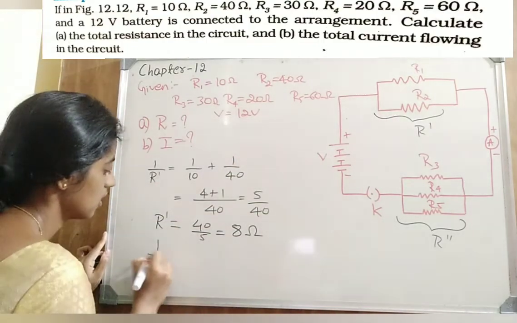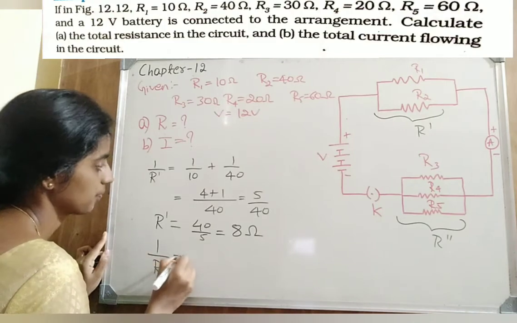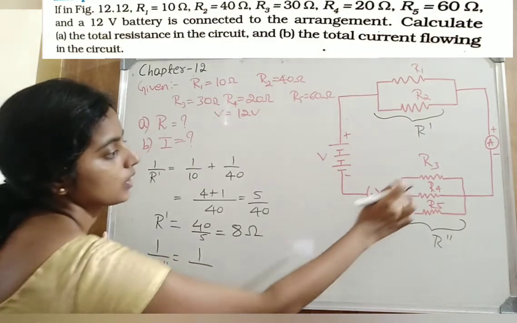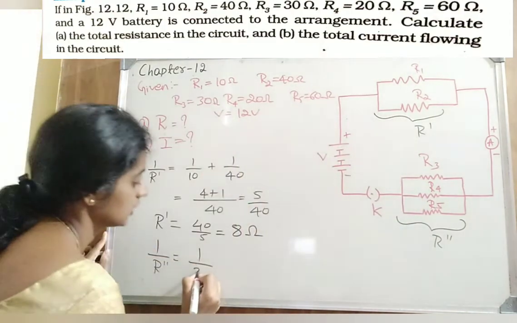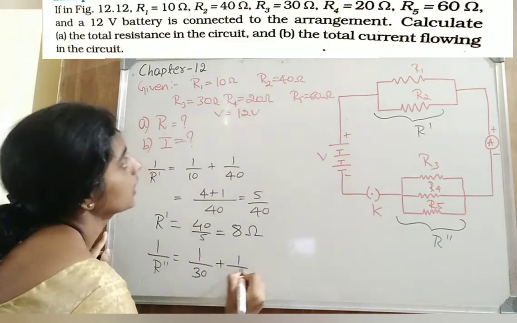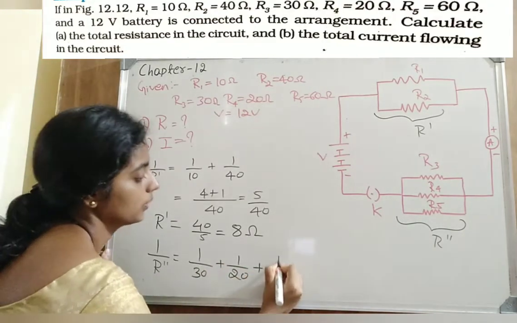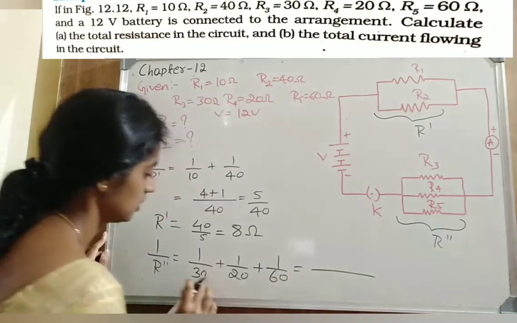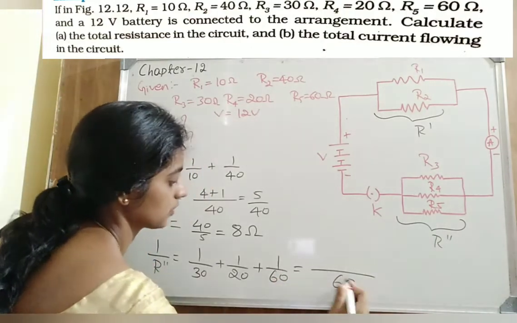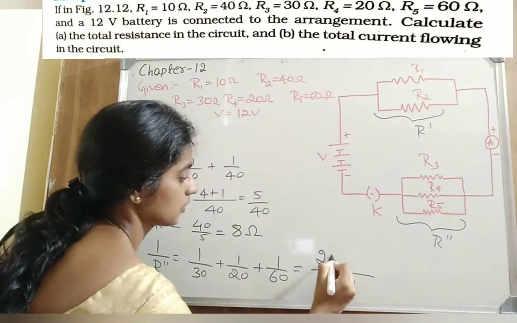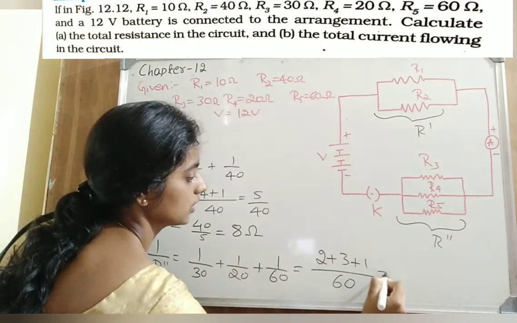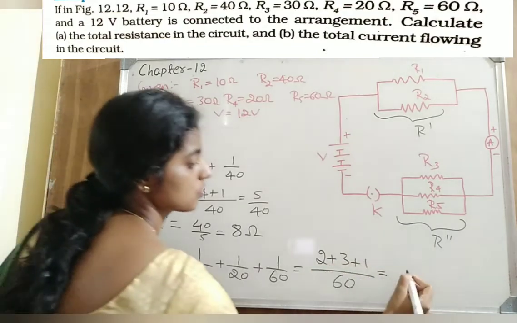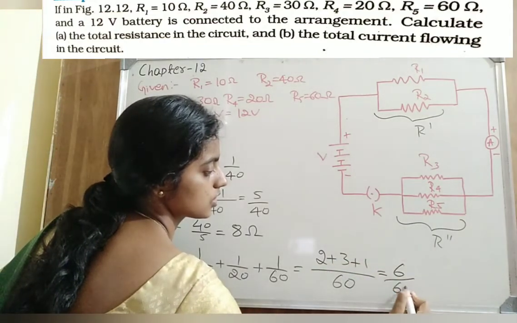Next we will go for R double dash, that is 1 by R double dash is 1 by 30 plus 1 by 20 plus 1 by 60. So how much will we get? With denominator 60: 2, 3, plus 1, so 2 plus 3 plus 1, 6 by 60.